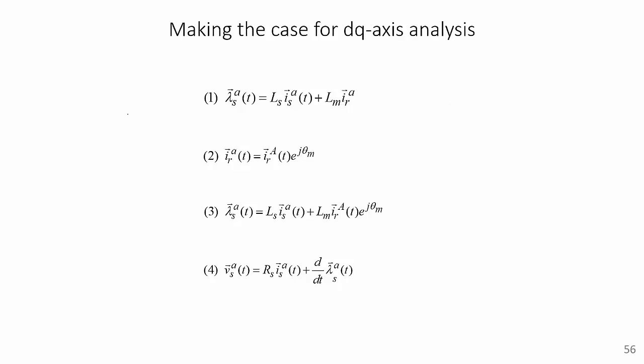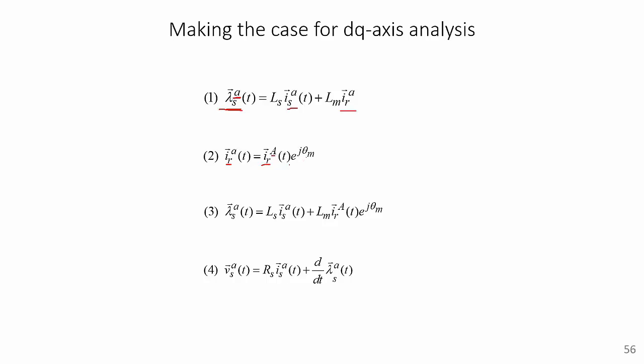When we look at the stator A phase flux linkage, due to the contributions from the stator current as well as the rotor currents, it is equal to the self-inductance times the stator current plus the magnetizing inductance times the rotor current. In this equation, all the parameters are with respect to the stator A phase magnetic axis. The rotor current with respect to the stator A phase magnetic axis can be obtained by projecting the rotor current with respect to the rotor A phase magnetic axis onto the stator A phase magnetic axis.